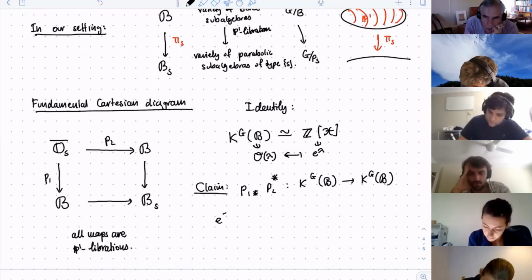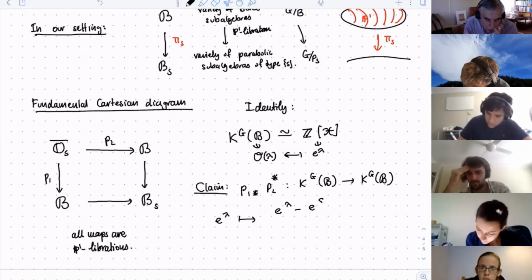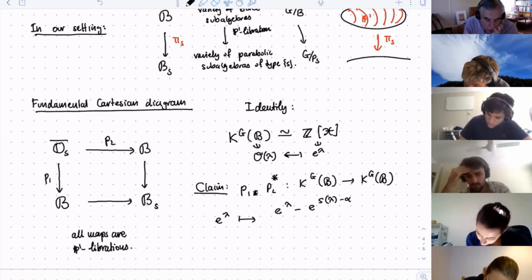This sends e to the lambda to e to the lambda minus e to the minus lambda, whoops, to s of lambda minus alpha.